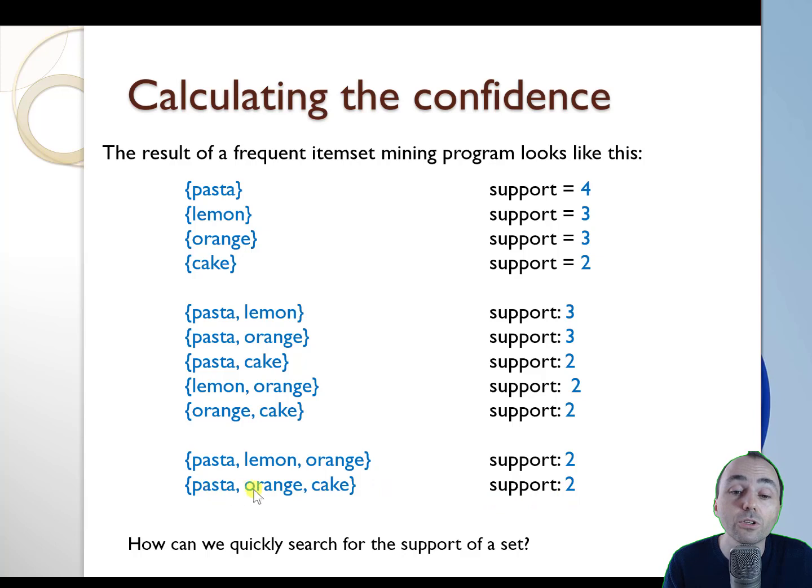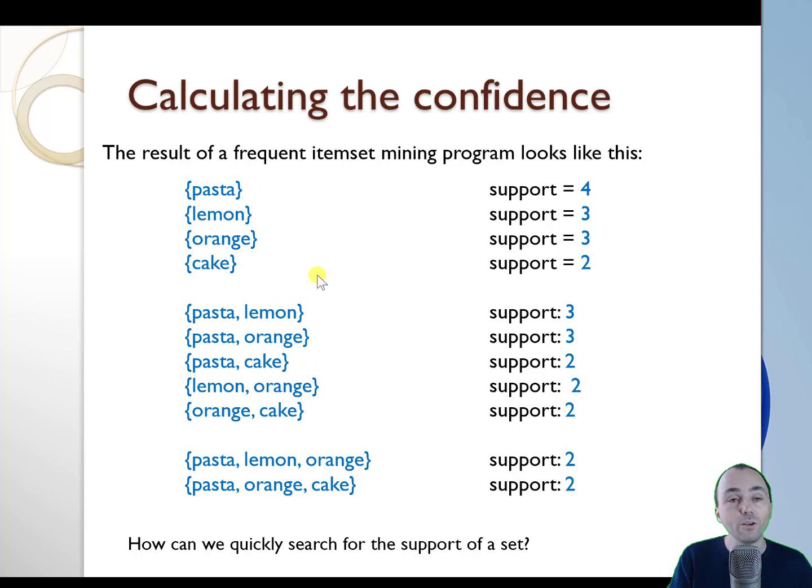Then all the subsets of pasta, orange, and cake will also be frequent, like pasta orange or pasta cake. It will be here, and so on. So these are the frequent item sets I find in the database, and from this, if I want to make the rule, I just need to check the result to find the support, and I can calculate all the confidence of the rules from these item sets.